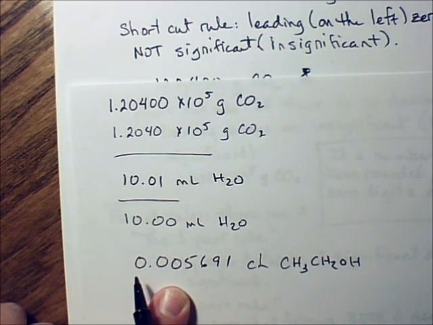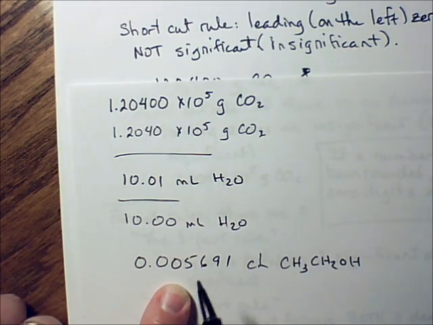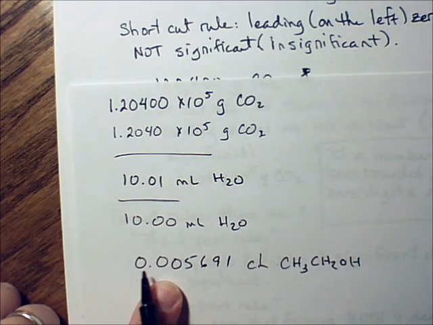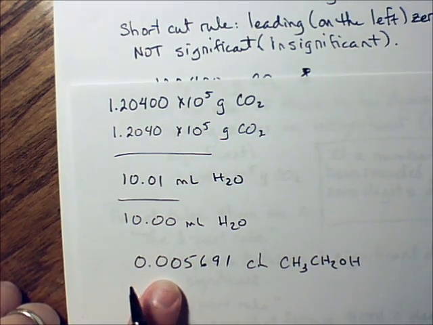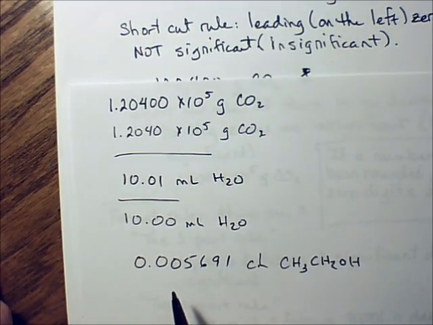They're not going to be significant. Now if we were to apply the formal rules, these zeros are not between two significant digits, so they're not significant for that reason, nor do they follow a decimal place and a non-zero digit. So for both reasons, they don't meet either condition, so they cannot be significant. Does that make sense? So that's the formal rule.